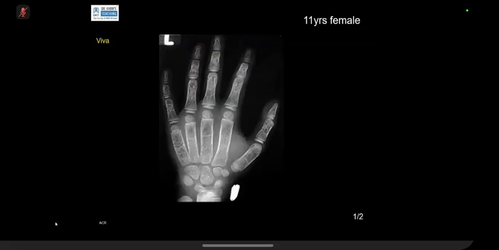This will be metabolic. Maybe hyperparathyroidism, with generalized osteopenia associated with this expansion.